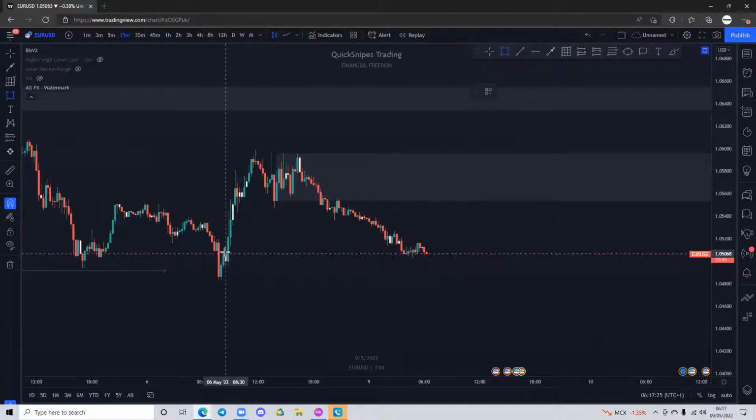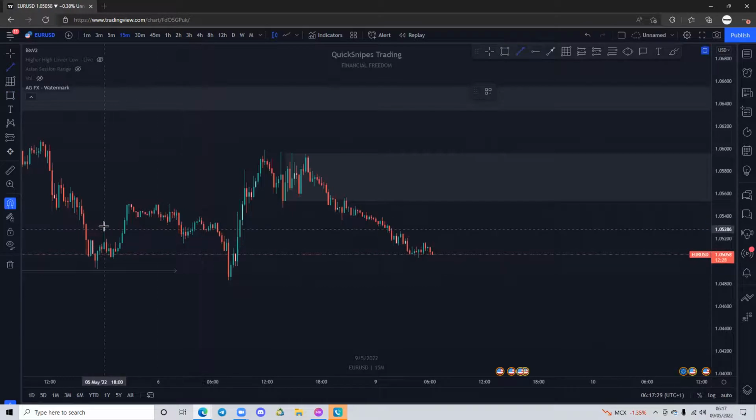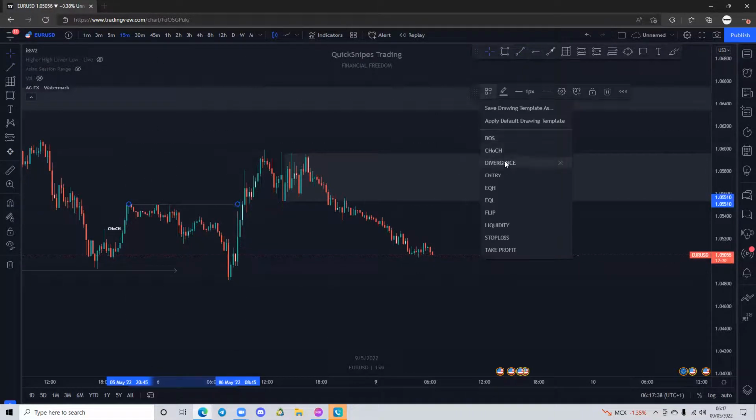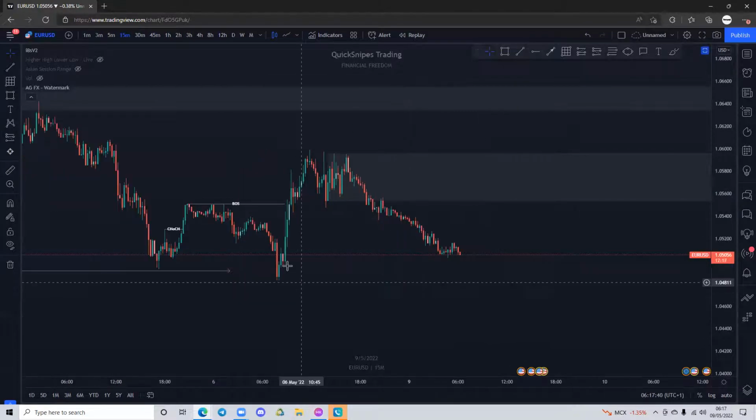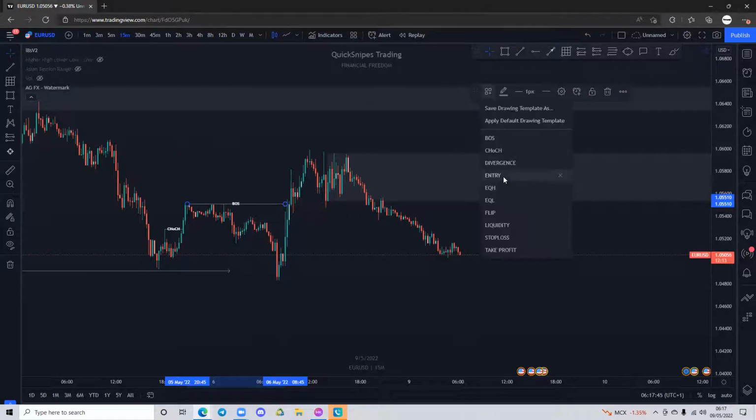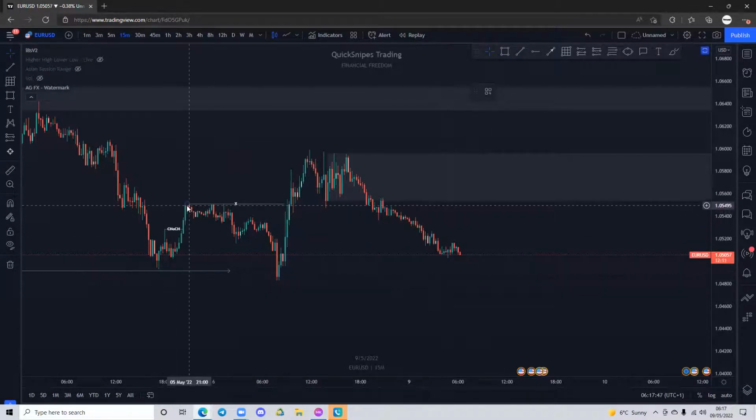I can see a very nice change of character here, followed by a clean break of structure. However, this could also be a liquidity grab due to the fact that this area is so full of equal lows, equal highs, and you also have this area of liquidity which was grabbed.